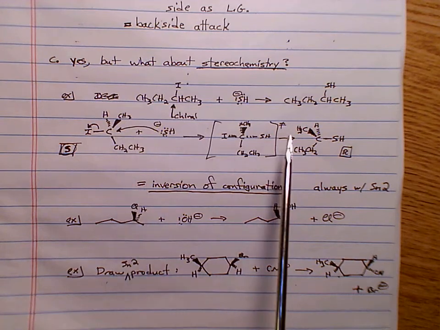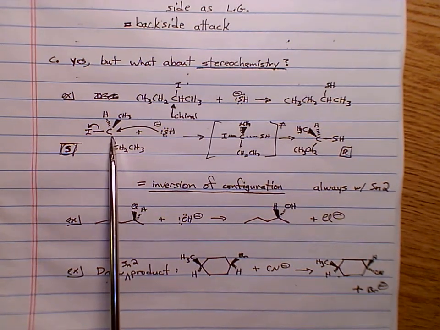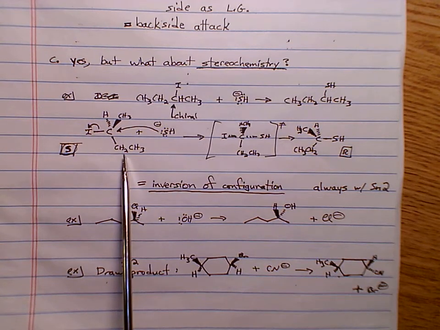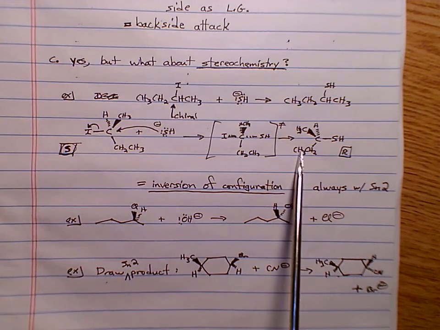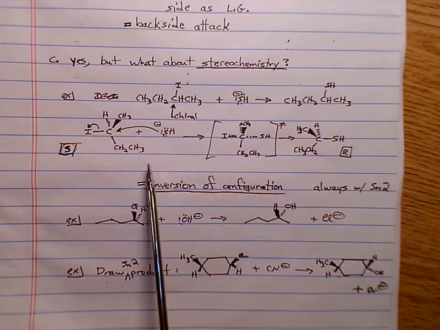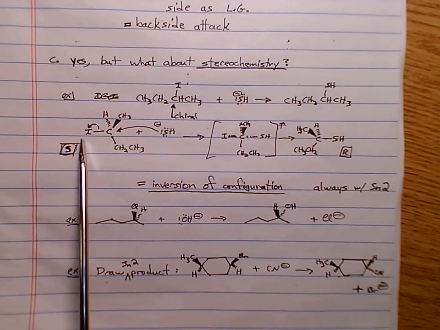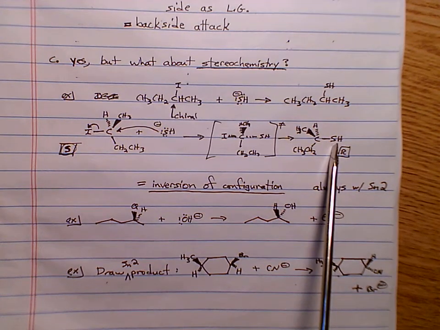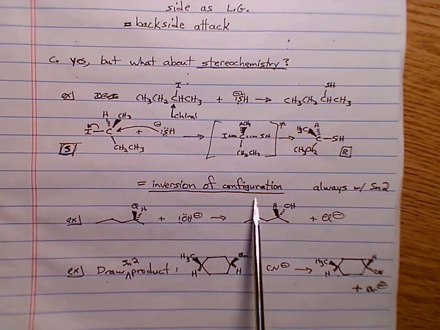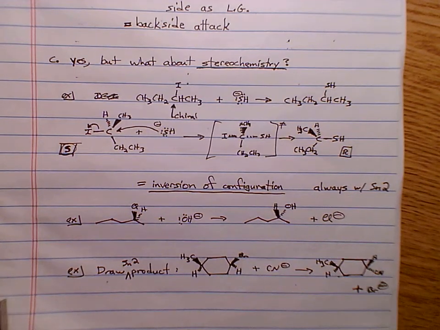After flopping back, it'll be coming out towards us and going to the left. CH3CH2 is kind of down and to the right. It'll be down and to the left. It's just flopping straight over this direction. And so what we see now is that the SH doesn't replace the iodine in the exact same stereo configuration. It's on the opposite side. We have inversion of configuration. Always with an SN2, the stereochemistry inverts its configuration.